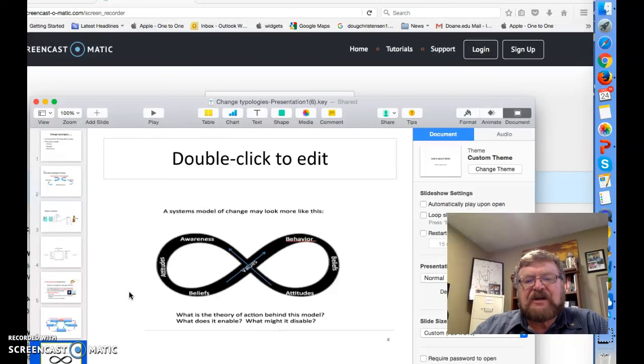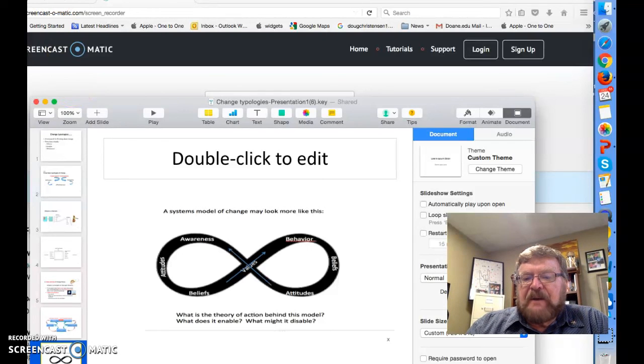In other words, if you want to change behavior, eventually you got to go through the values piece. But you get there by starting with the behavior, the values, the beliefs, the attitudes, the awareness, and come back. Or you start with the awareness, the attitudes, the beliefs, the behavior, back to the values. In other words, values determine whether or not the behavior is going to become part of what it is that you do.